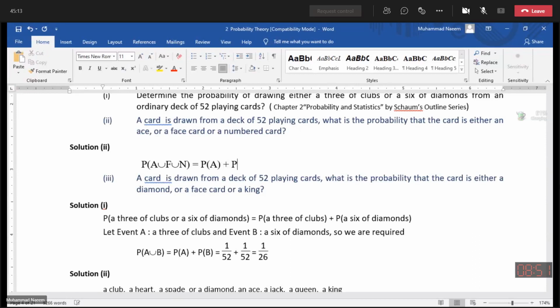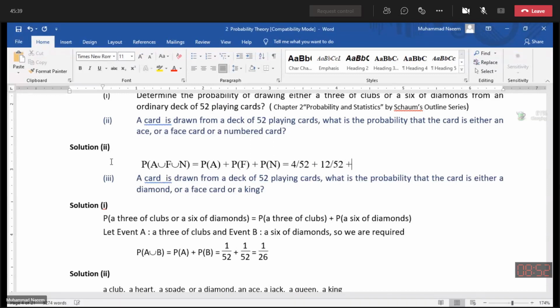Probability of A plus probability of F plus probability of N. We have four aces, so 4 by 52 is the probability of A. Face cards are 12 in number. Total face cards are 12.